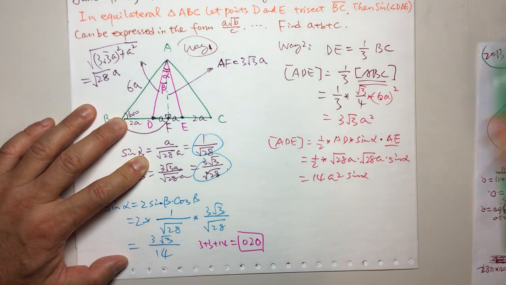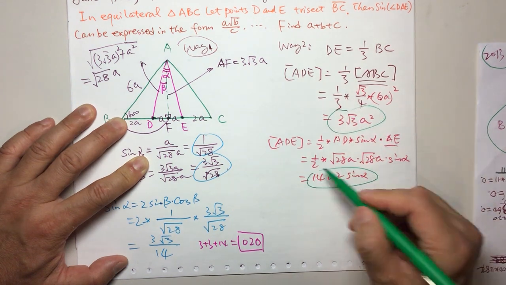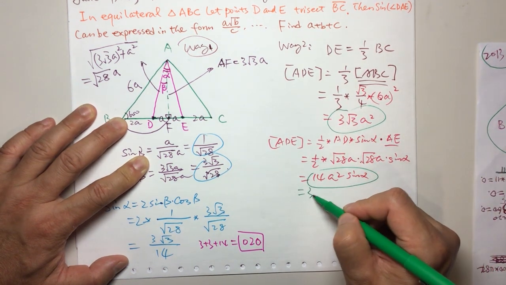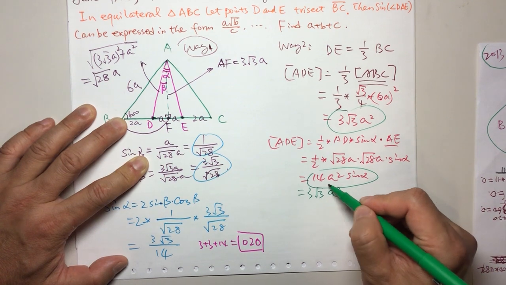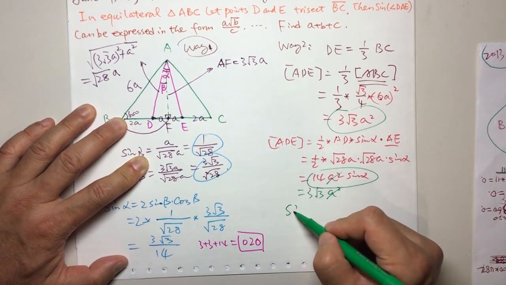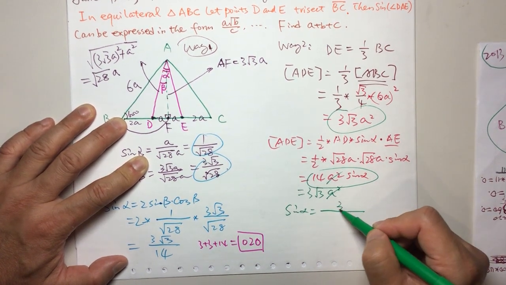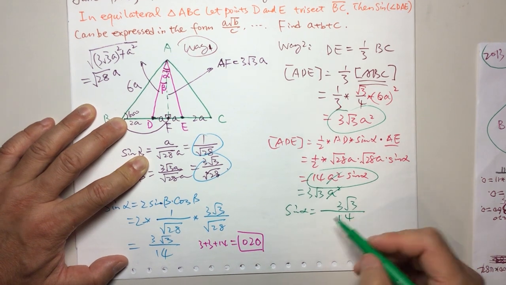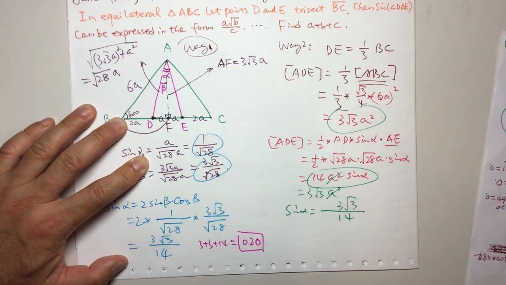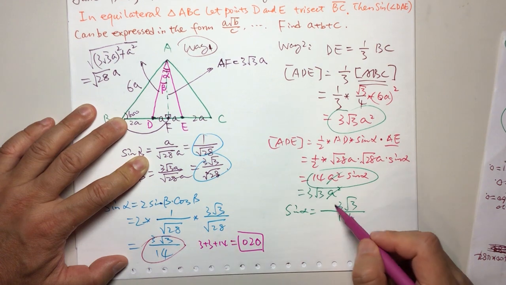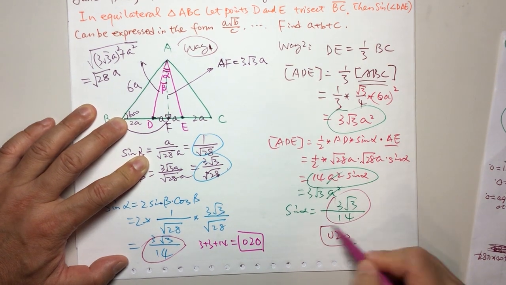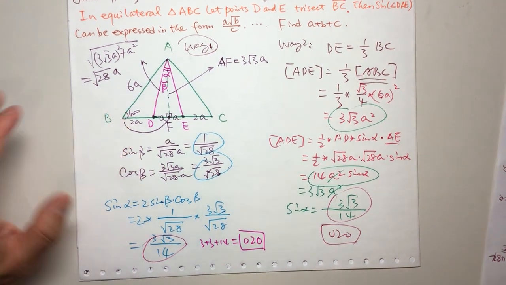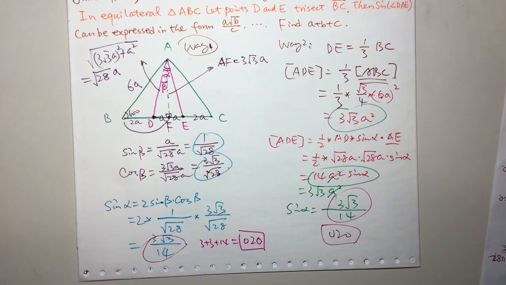It means this equals 3 square root of 3 a squared, so sine alpha equals 3 square root of 3 over 14. So the answer will be the same, right? Done. This problem is, I think, very simple.